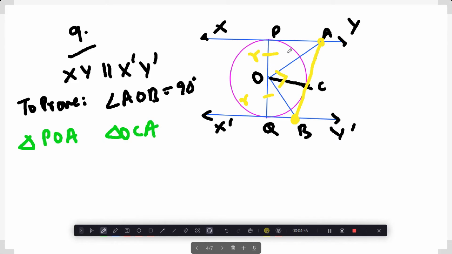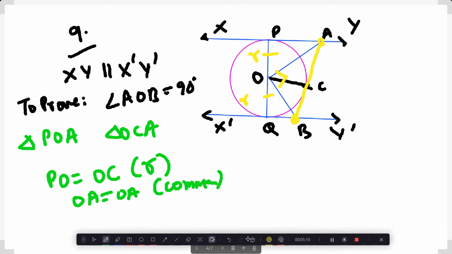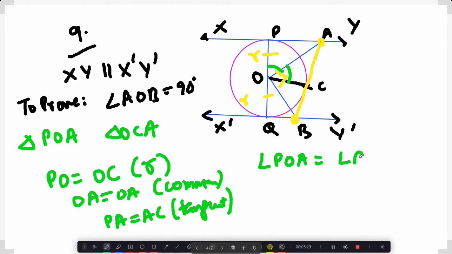In these, PO is equal to OC, radius, OA is equal to OA, common, and PA is equal to AC, tangent. So hence these two triangles are congruent. So that means this angle and this angle are equal. Angle POA is equal to angle POC.